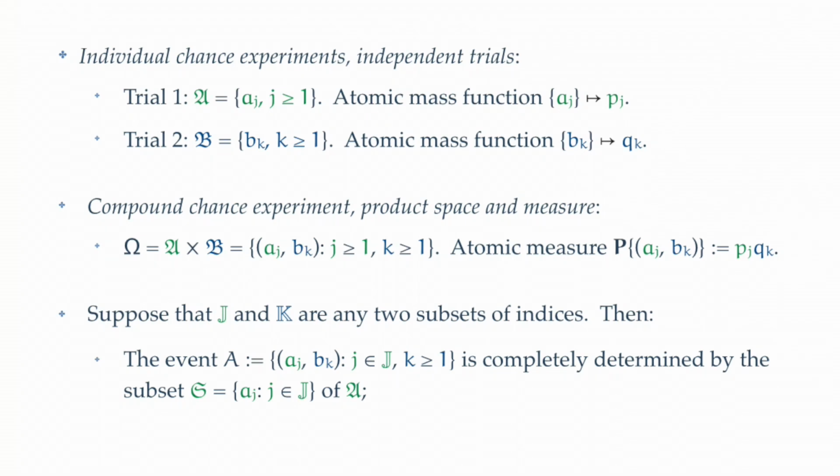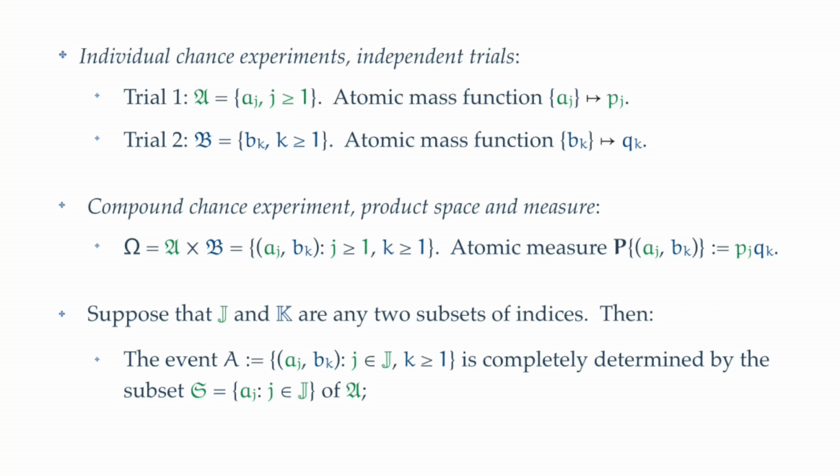Gothic S represents a sub-collection of results of the first trial, which are identified by a particular set of locations, a set of indices, blackboard J. An event A, which is determined by just that set, in a formal sense, depends only on trial 1.